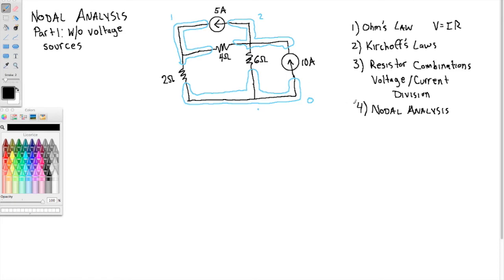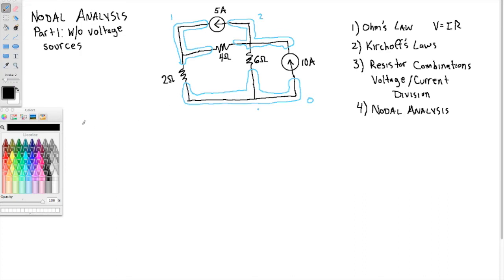Well, the price you pay is that it's actually the most complicated. There's a lot of math that could be involved in using nodal analysis. So at first we want to try to use Ohm's law or Kirchhoff's law or combining resistors. And if none of those work, then we want to try nodal analysis. Okay? And there's kind of a systematic procedure for nodal analysis, and so we'll just start with that procedure.